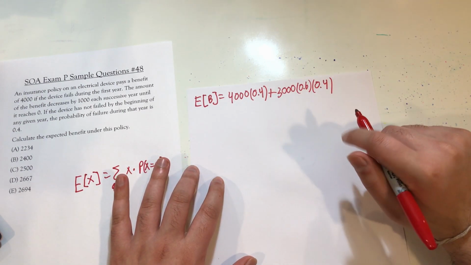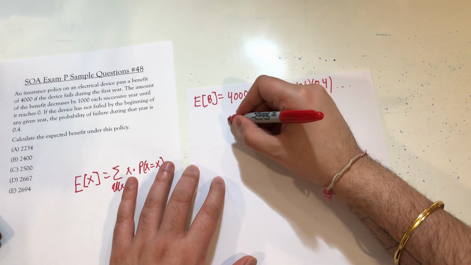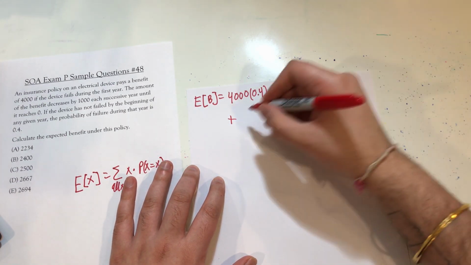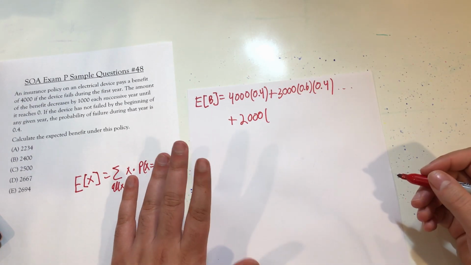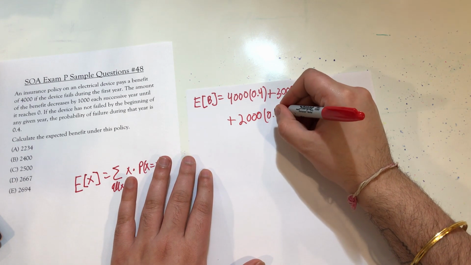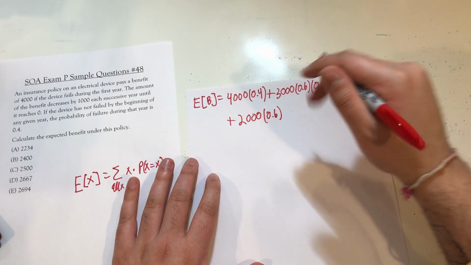I'm going to run out of room here, so this will continue down here. So plus, what's the amount I get in year 3? That's going to be 2,000. What's the probability that it breaks in year 3? Well, that's 0.6, it doesn't break in year 1, times 0.6.